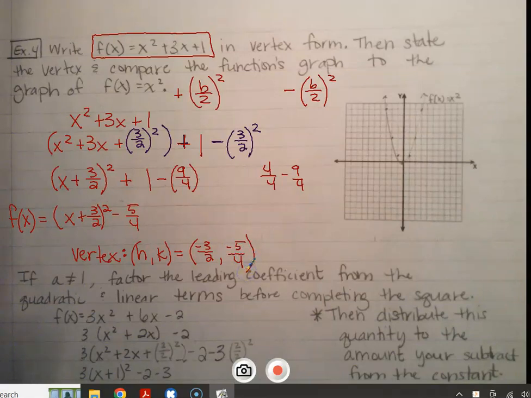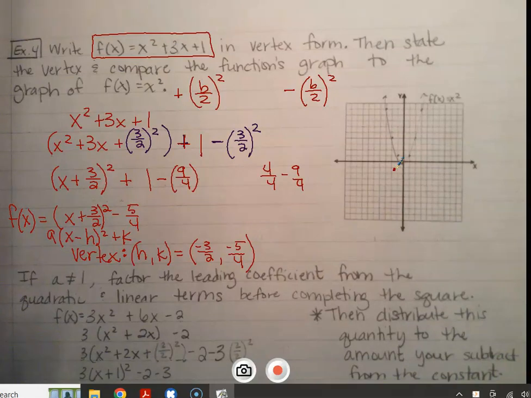Okay, so if you're struggling with that, remember it's a times the quantity x minus h squared plus k that we're comparing it to, which is why we have negatives. All right, so our parabola is at negative 3/2, so 1.5, and then negative 5/4, so a little over 1. There's going to be our vertex, right there, if we needed to do that.